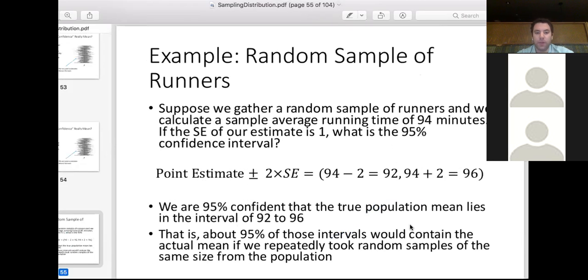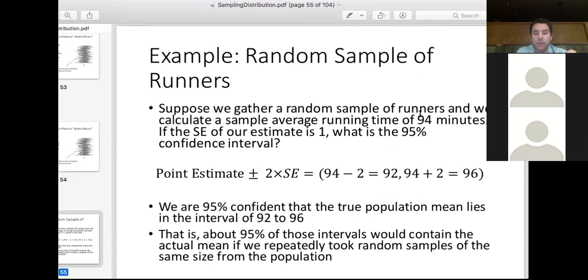Just to give an example of looking at random samples of runners, we can gather a random sample of runners and calculate an average running time for the sample of 94 minutes. If the standard error of our estimate is 1, we can calculate a 95% confidence interval by taking our point estimate and adding and subtracting 2 times the standard error.